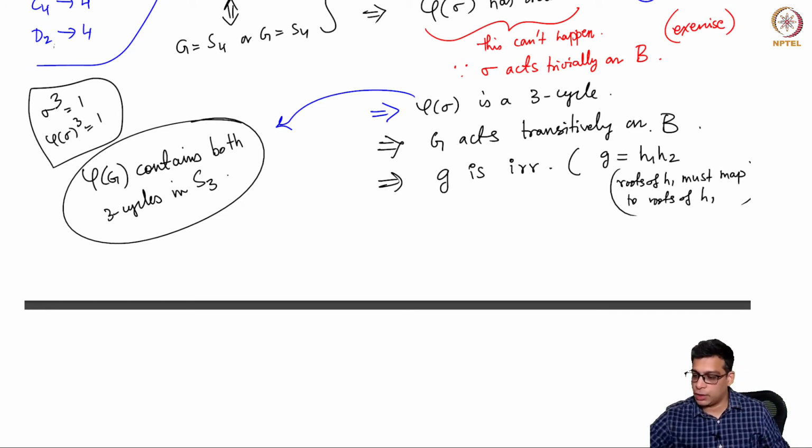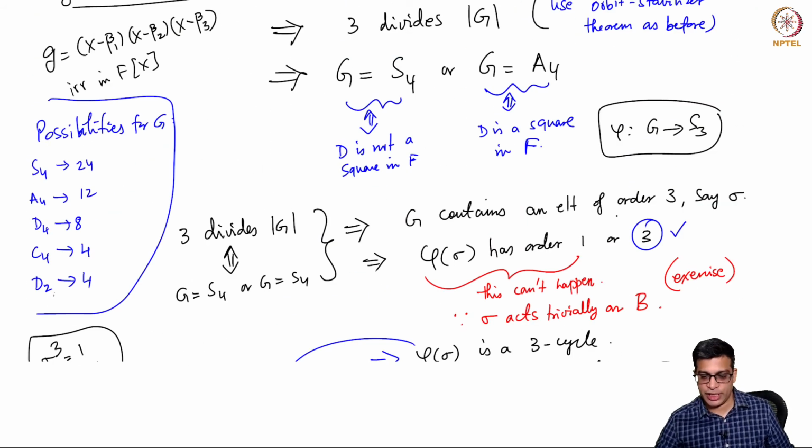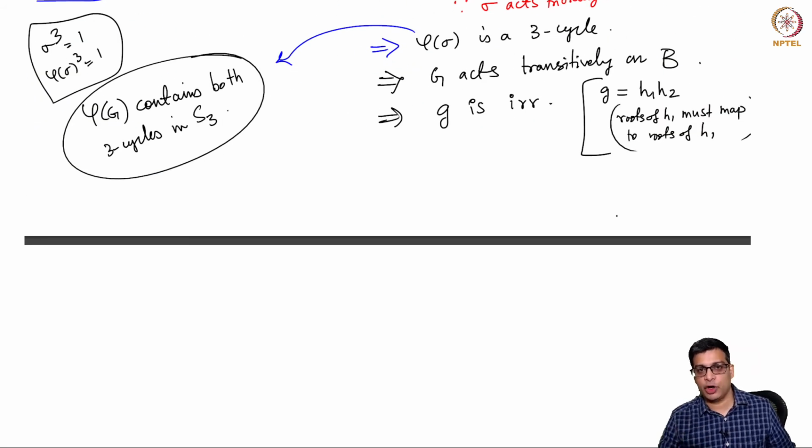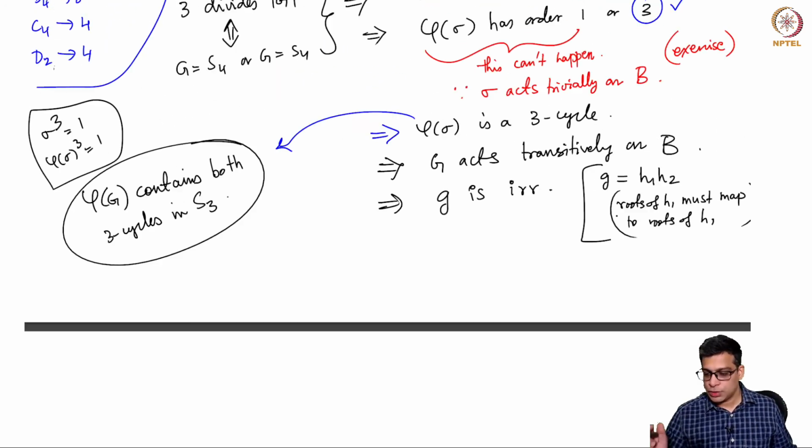So you cannot send a root of H1 to a root of H2. So if it is reducible, G cannot act transitively. So the statement is the Galois group acts transitively on the roots of a polynomial if and only if the polynomial is irreducible. So G is irreducible.